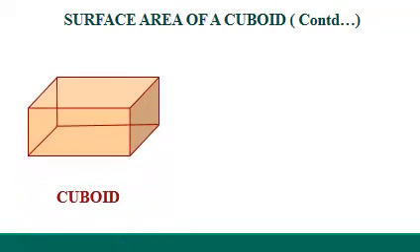Now we are going to find out the surface area of a cuboid by adding the area of all of its 6 surfaces. Please look at the cuboid. Now let's label its 3 dimensions: length, breadth, and height.